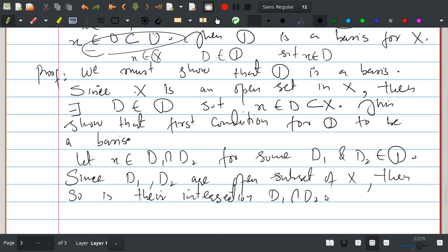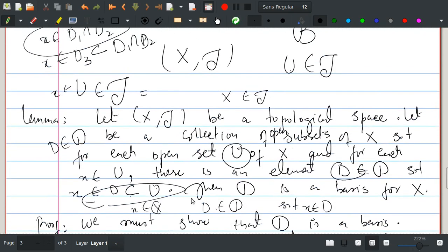Now if this is an open subset of X, then for an open subset we are given this condition, that for any x in the open subset U, we can find an element D in this fancy D with this condition.